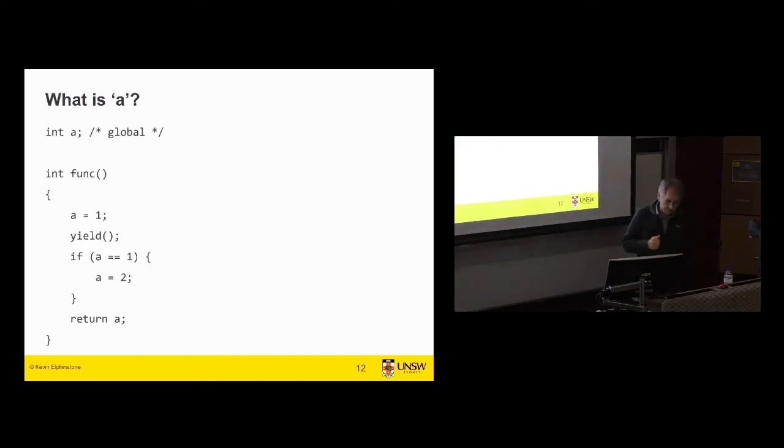So, here's our example that we had before, where we've got a coroutine-like model, where we assign A, we yield for some reason, because assigning A takes a long period of time, and then we've got this test and the update. My question is, what is the value of A?